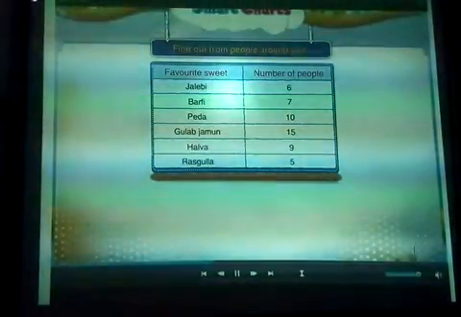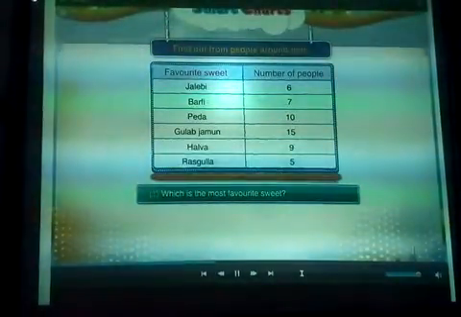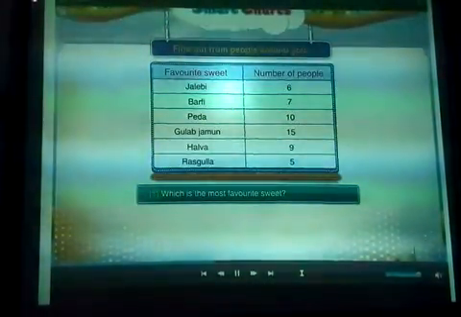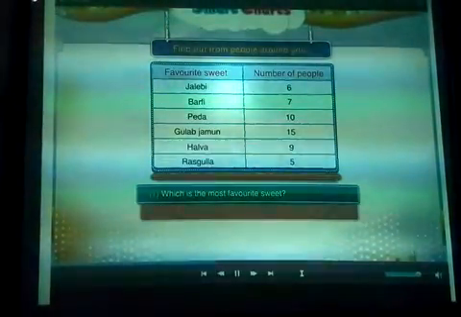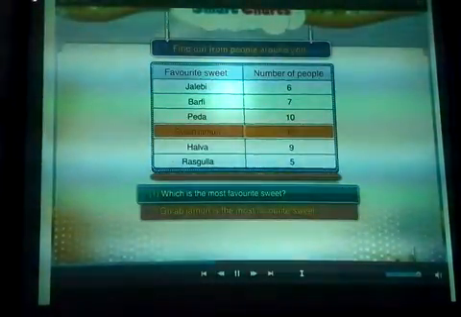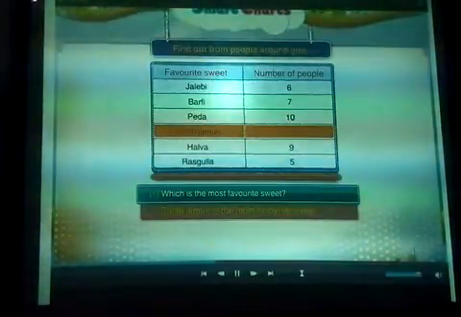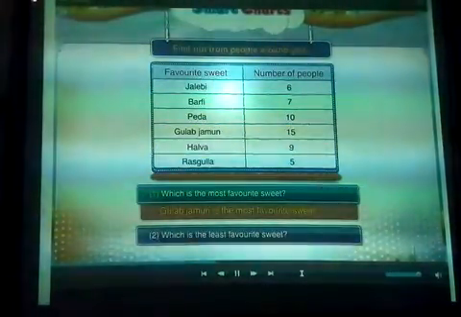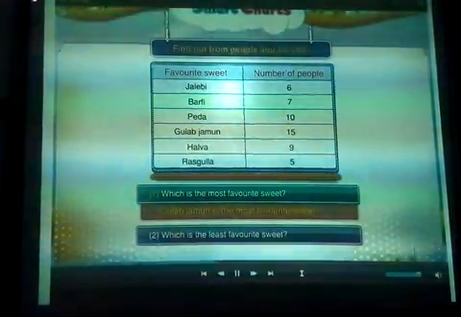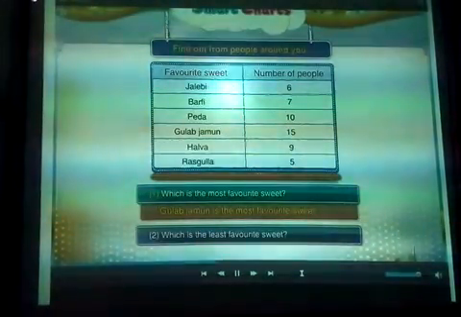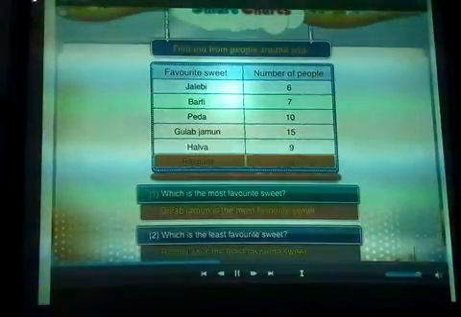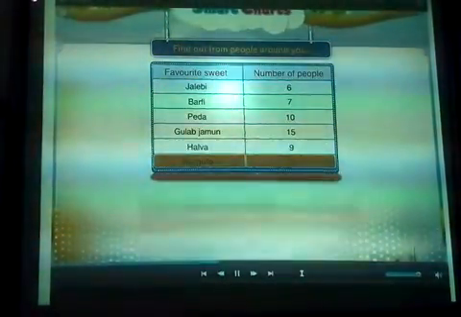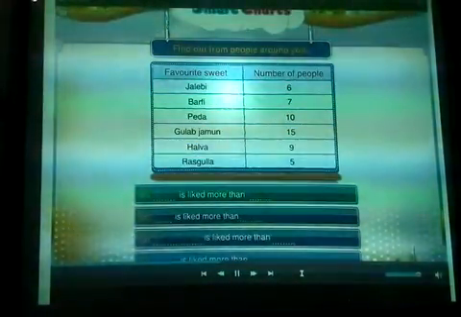From this table, answer the following. 1. Which is the most favorite sweet? Gulab jamun is the most favorite sweet. 2. Which is the least favorite sweet? Rasgullas is the least favorite sweet. 3.